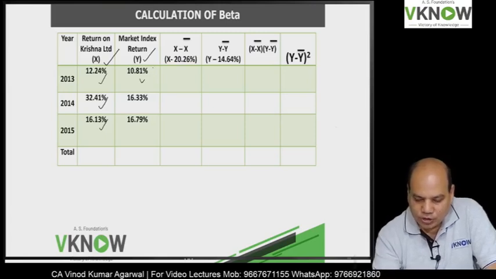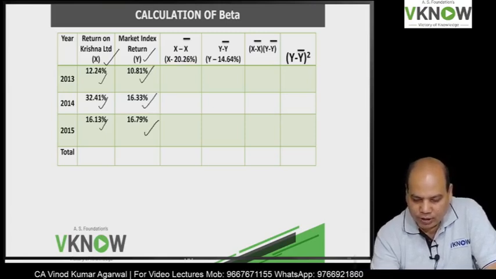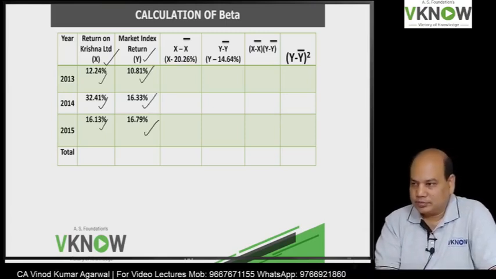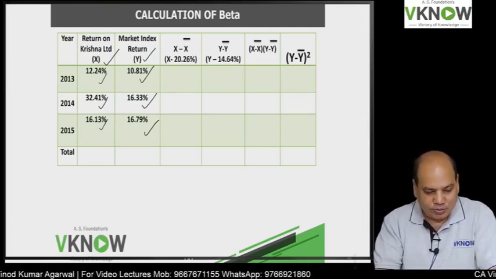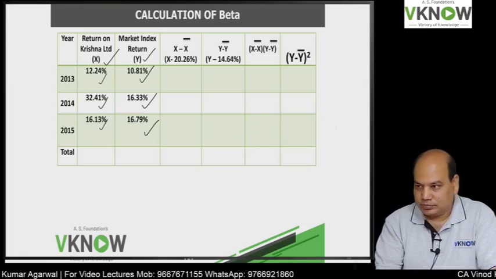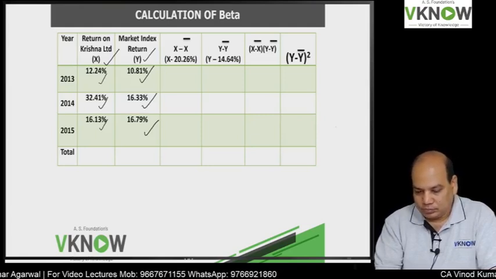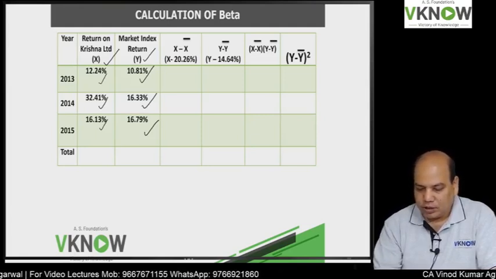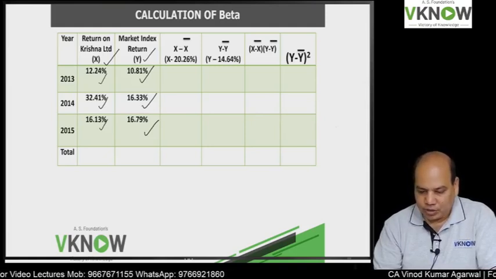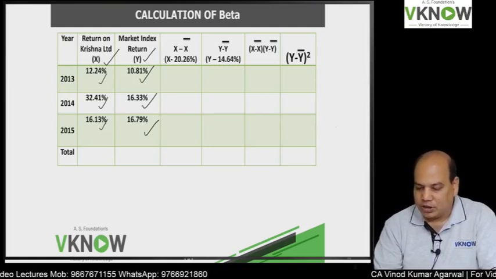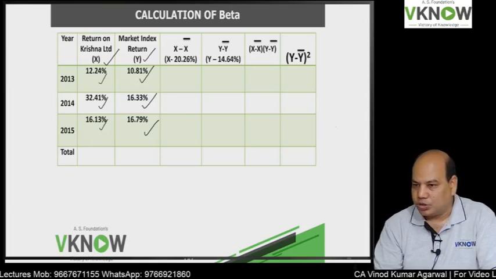Market return from step 2, 10.81%, 16.33%, 16.79%. Then I will compute x minus x bar. X bar means the average return of the stock 20.26%, correct?